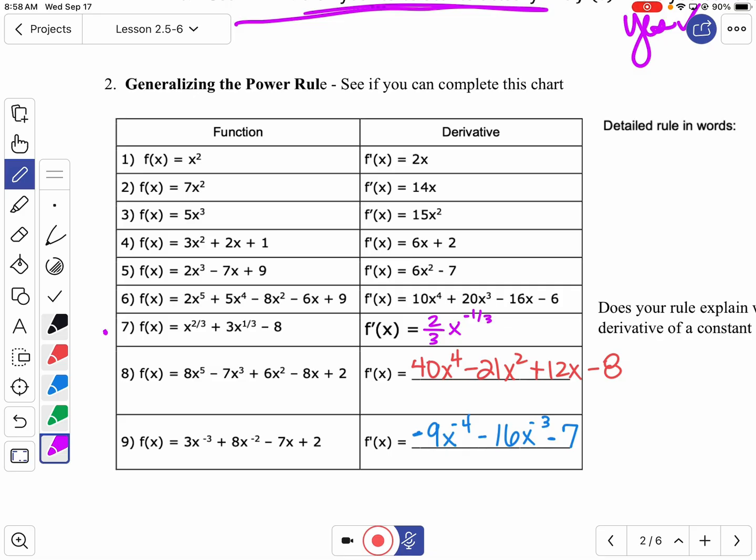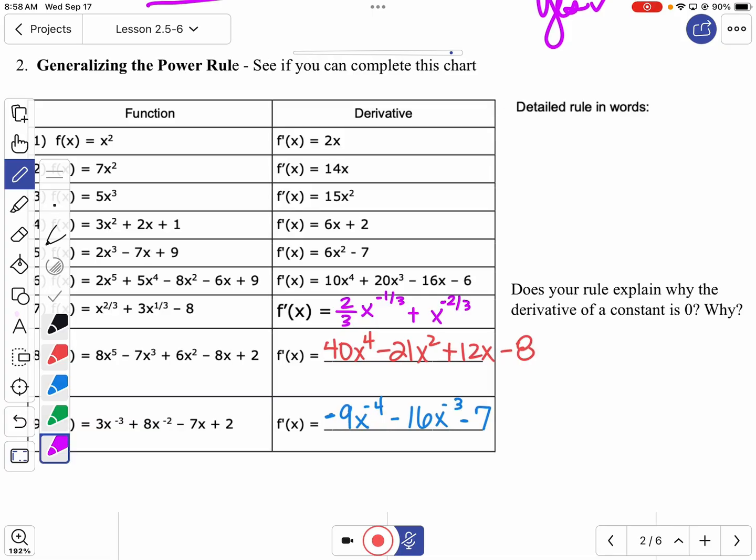The next term, 1/3 times 3, that would be 1. And then 1/3 minus 1, or 1/3 minus 3/3 would give me what power? Negative 2/3. Derivative of a constant, negative 8, would be 0. It had no x term there. So let's talk about what we did.